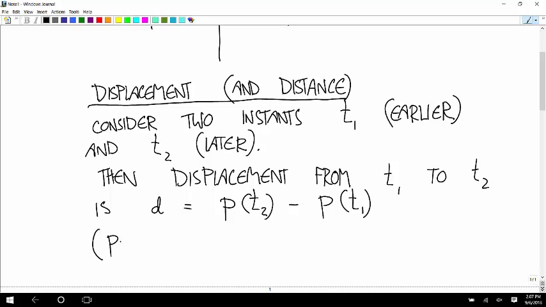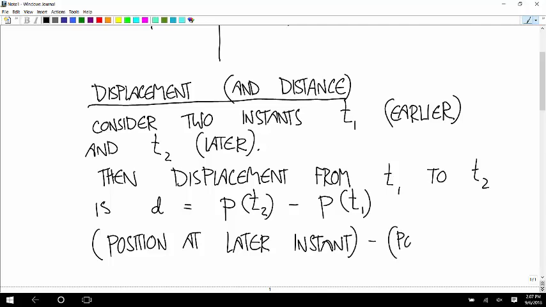So in words, position at the later instant minus the position at the earlier instant.